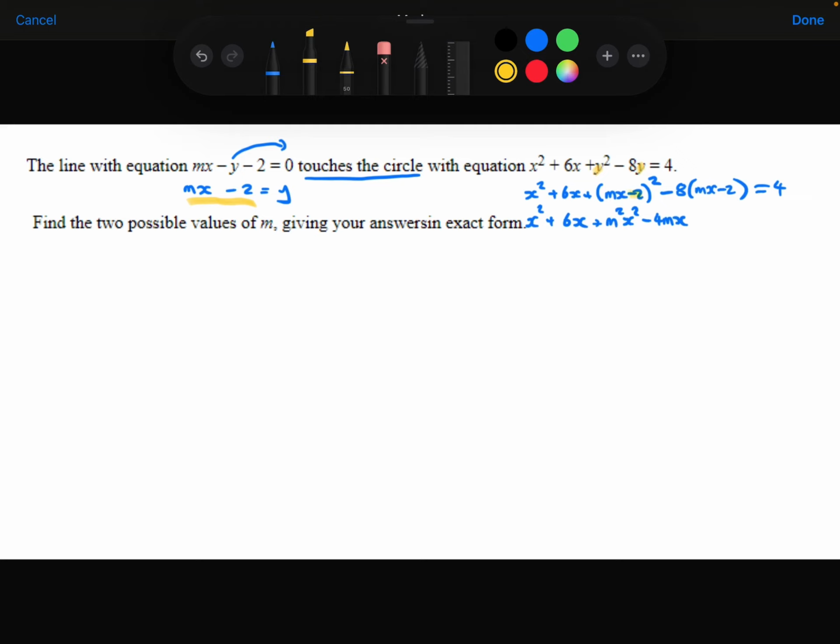We've then got the minus 2 squared, which is plus 4. Moving on to the second set of brackets, we've got the minus 8 times the mx, which is minus 8mx. And we've got the minus 8 times the minus 2, which is plus 16.